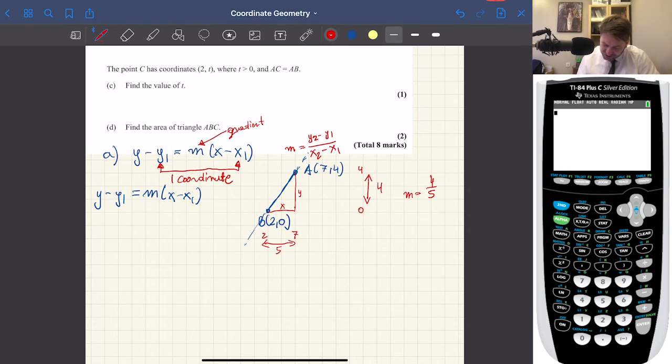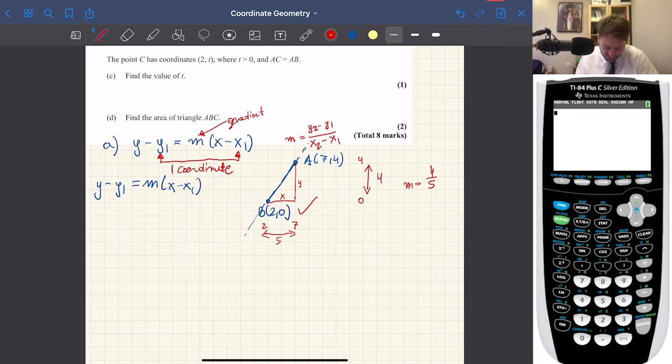I'm just going to use this coordinate because 0, 0 is great, it cancels things out. And then I'm going to use 2 for x1, and the gradient was 4 over 5. You can use 7 and 4 too. Check it, see if you get the same answer, because you must get the same answer. Math does that.